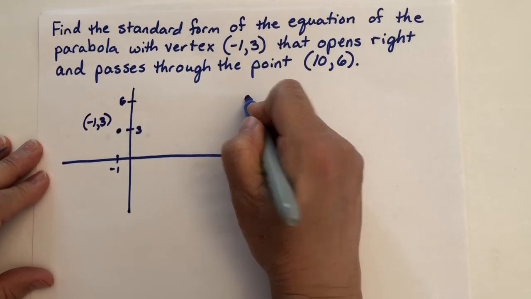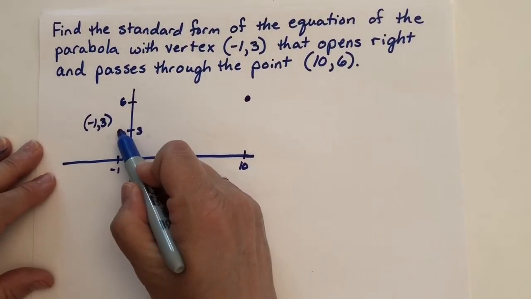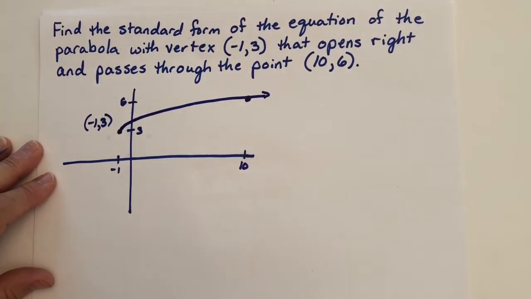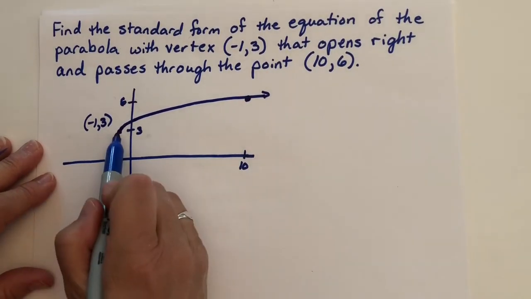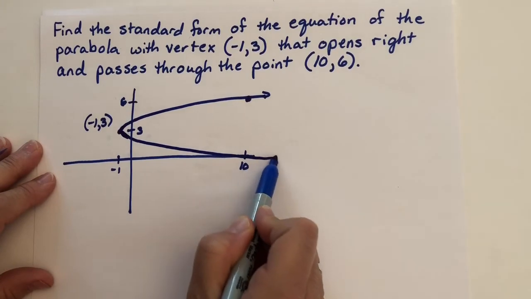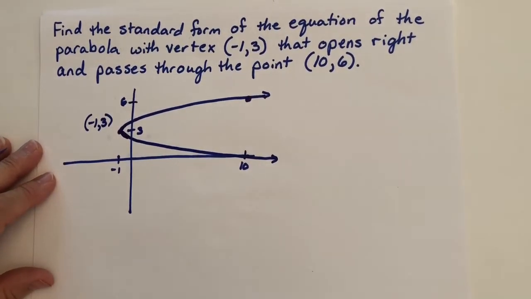So there's the point 10, 6. So let me just draw my parabola that goes through that point. And we'll draw the parabola this way. So here's the look of the parabola that we're trying to find the equation for.